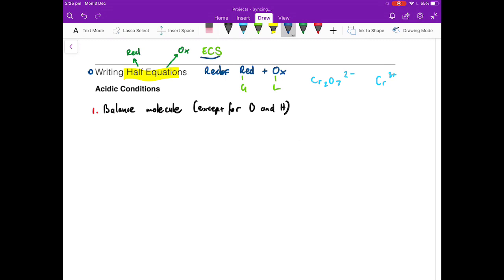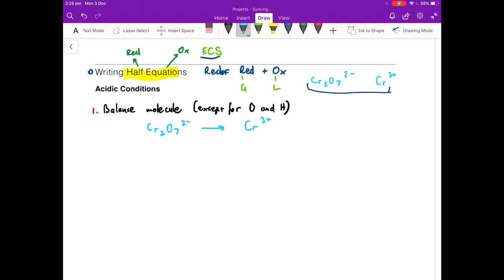And what we need to do is construct a redox half equation, so either reduction or oxidation, out of this information. So let's actually use this example throughout our steps. So we're converting Cr2O7 2- into Cr3+. That's what we've been asked to do.